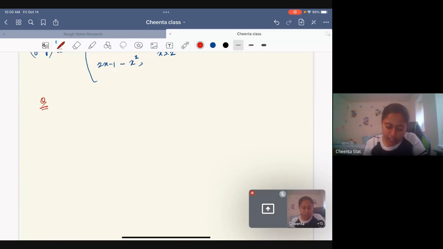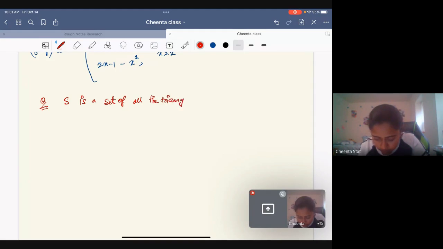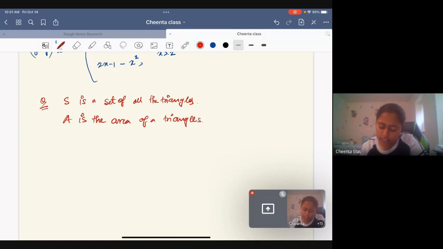Say S is a set of all the triangles, and A is the set of the areas of the triangles.